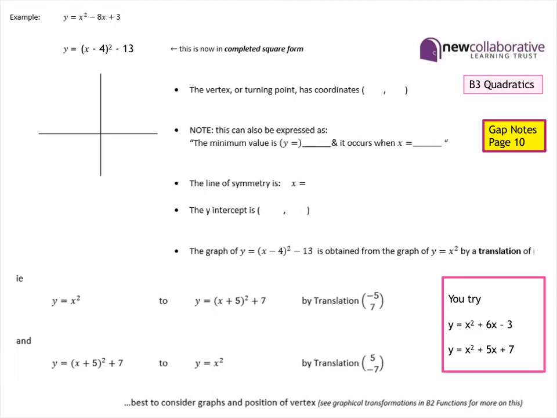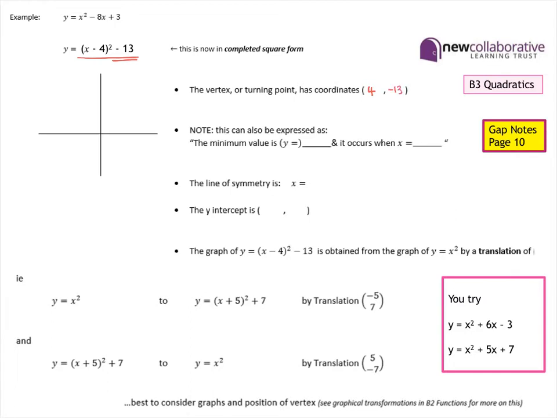Firstly, the vertex or turning point of the graph can be seen directly from the completed square form. If we look at the bracket first, we've got x subtract 4. That tells us that the x coordinate of the vertex is 4, and the value at the end of the completed square form there, the -13, tells us the y coordinate of the vertex.